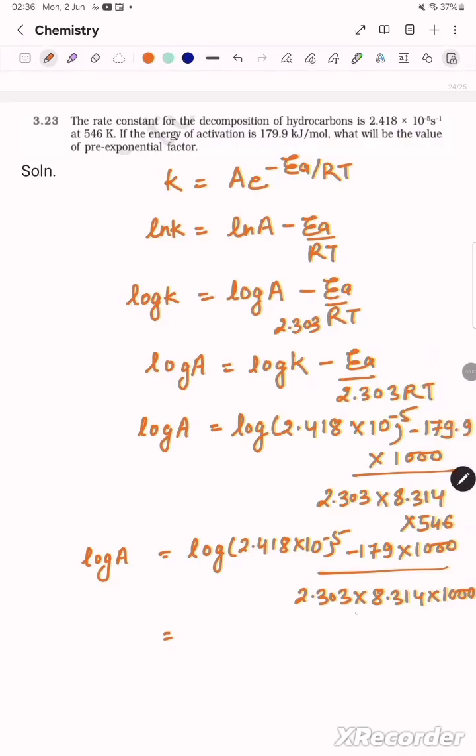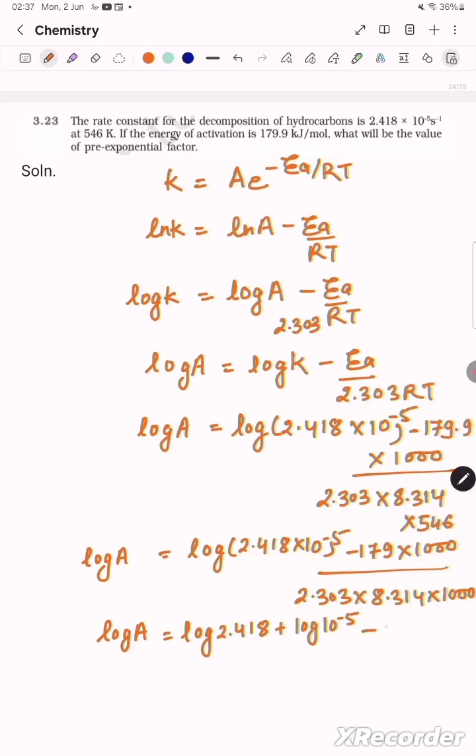Now here we calculate this: log A is equal to log 2.418 plus 5 log 10, minus 5.